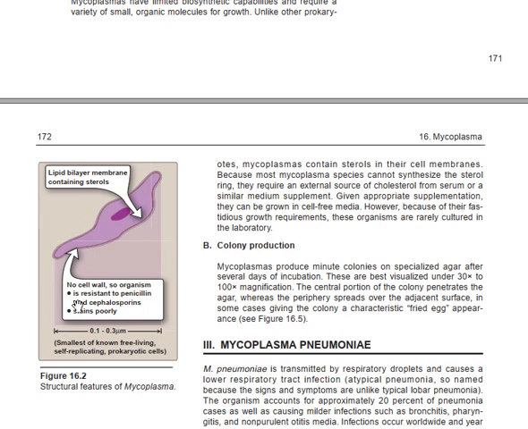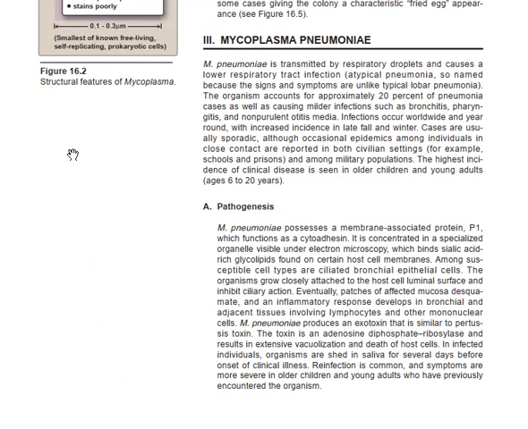And there is no need also to give cephalosporins because Mycoplasma do not have a cell wall for the beta-lactam rings to act on. It also stains poorly on Gram stain because it does not even have a cell wall. Also, it has a lipid bilayer membrane containing sterols. So it contains a bilayer membrane just like eukaryotic cells, which contain sterols, that is cholesterol.